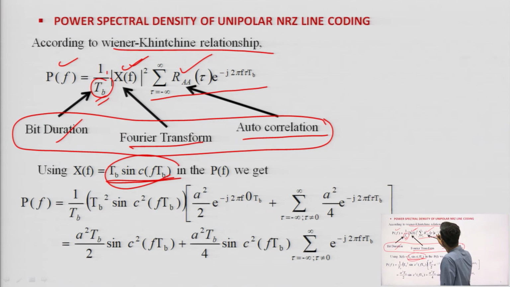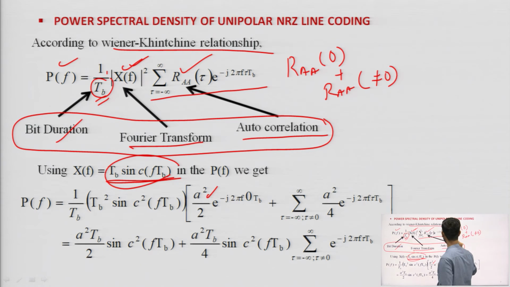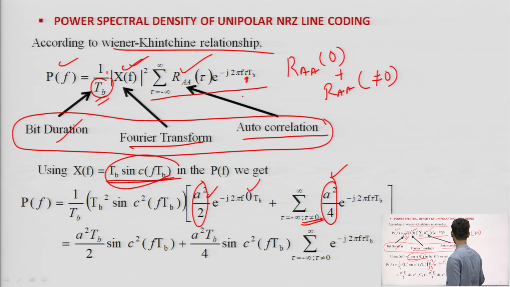So, we have A square by 2 when tau equals 0, RA of 0, and RA of tau not equal to 0, both cases I will add. RA of 0 is nothing but A square by 2, so for 0, e to the minus j 2 pi f, in place of tau I will put 0. Similarly, plus beside 0 we have tau from minus infinity to infinity, that is tau not equal to 0, value A square by 4 into e to the power minus j 2 pi f tau TB.